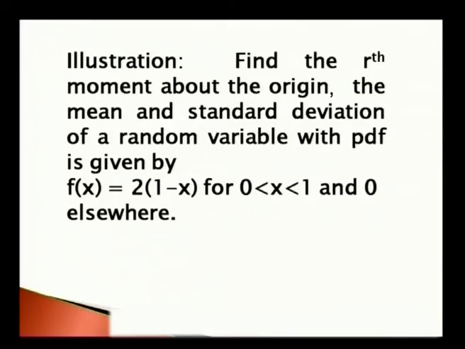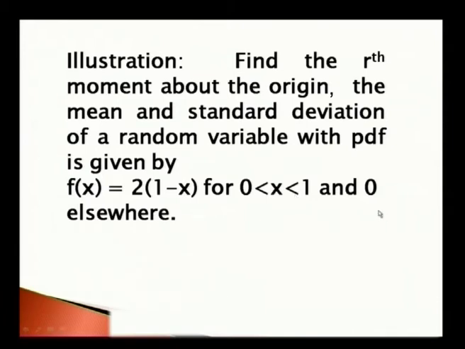We shall go ahead with some illustrations finding the rth moment and then the relationship between central moments and raw moments. The first illustration is: find the rth moment about the origin, and also find the mean and standard deviation of a random variable with PDF given by f of x is equal to 2 into 1 minus x for 0 less than x less than 1, and equal to 0 elsewhere.